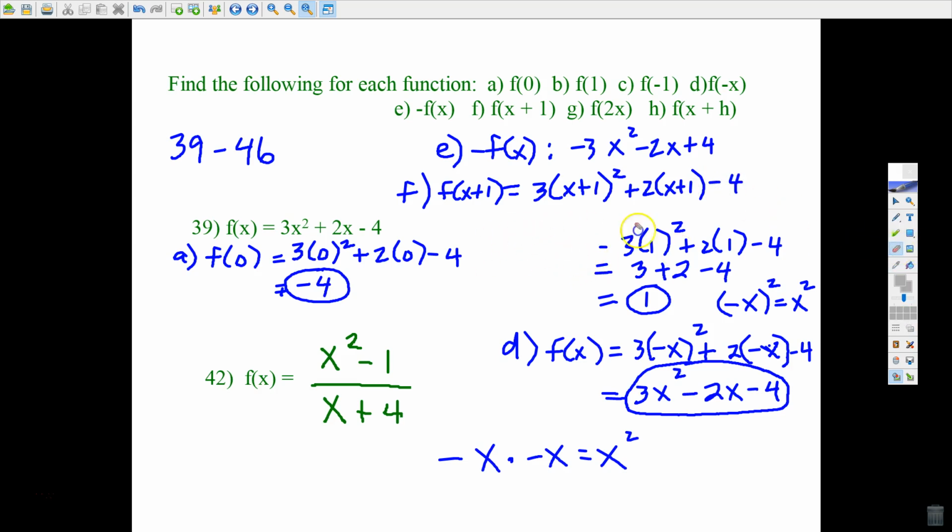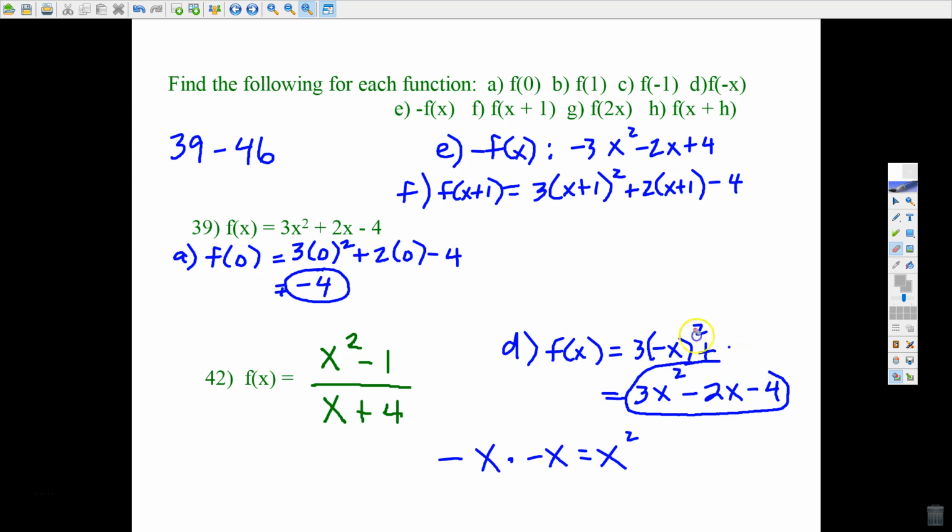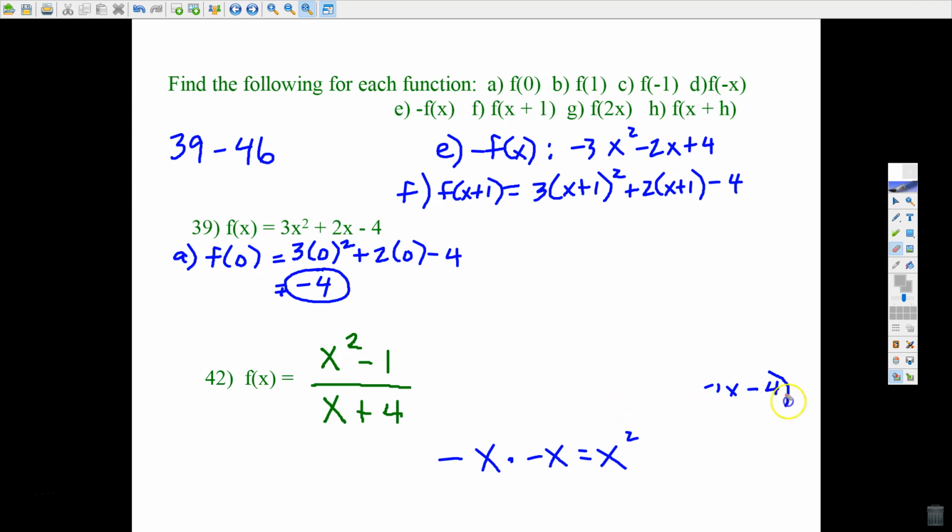Since you already have this written down, Micah, let's go ahead and square x plus 1. Okay, very good.